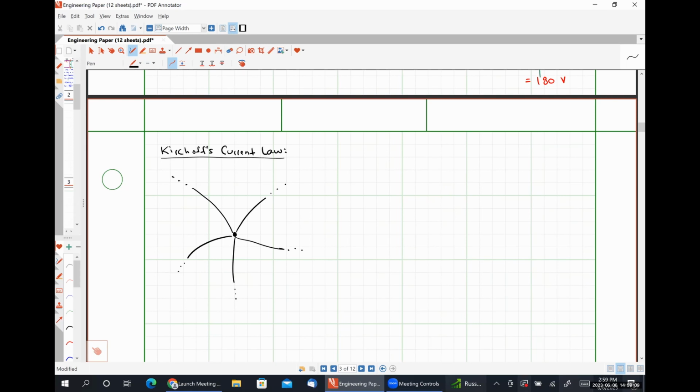I'm arbitrarily going to assign directions for the currents that are flowing into and out of this node. So let's say that this current I1 is flowing into this central node point. Let's say that I2 is flowing out. I3 will also flow out.